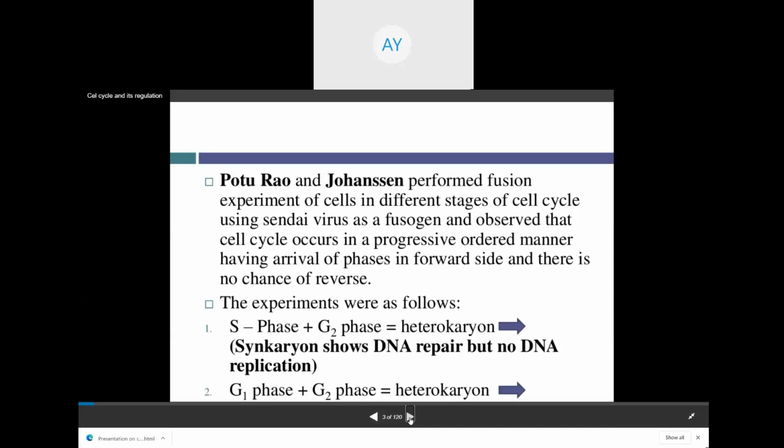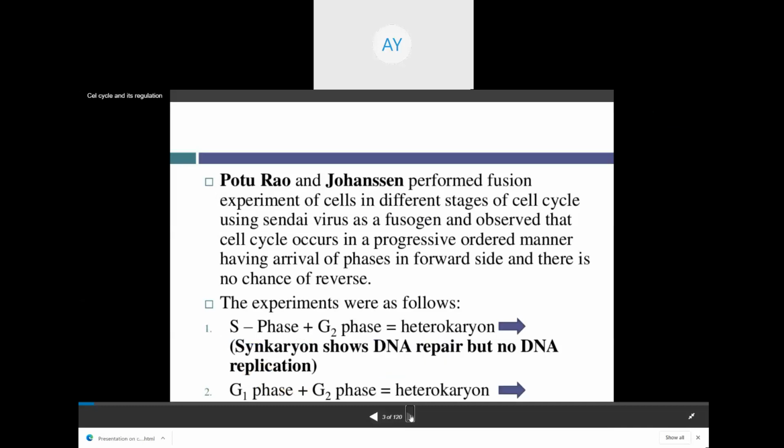Means in S phase, if there is any breakage in the DNA or there is less amount of DNA, then synthesis of DNA occurs through DNA replication. And if there is a breakage in the DNA, then DNA repair also occurs. But no DNA replication occurs in G1 phase or G2 phase. So generally in G1 phase and G2 phase, there is synthesis of protein.